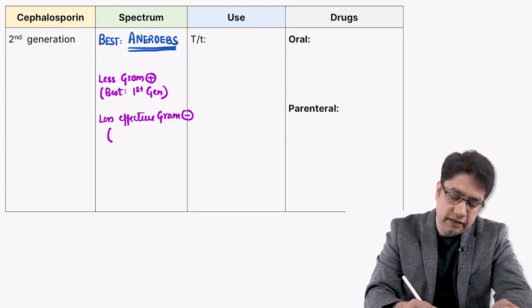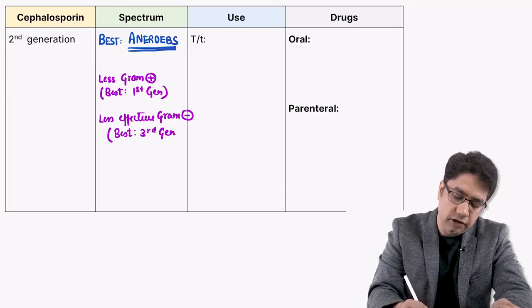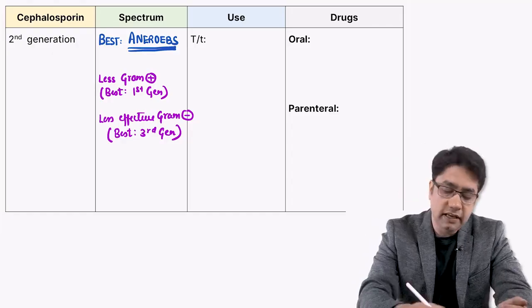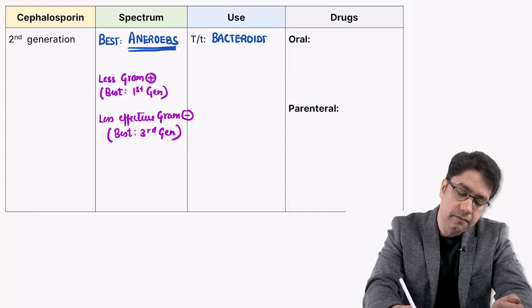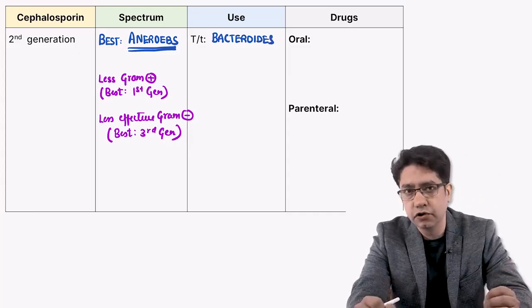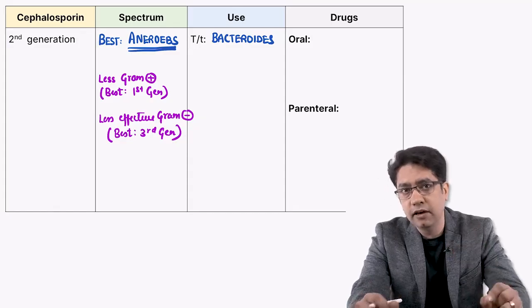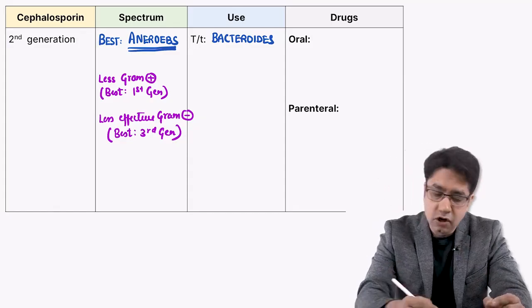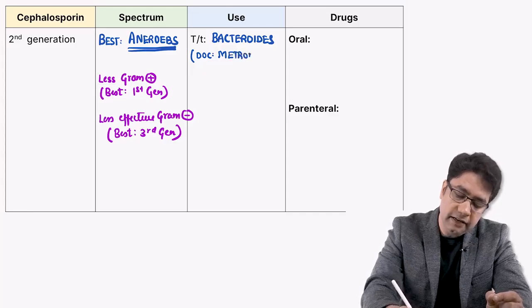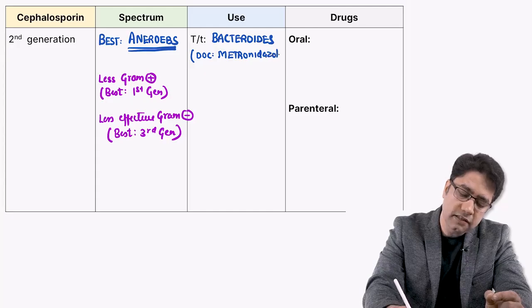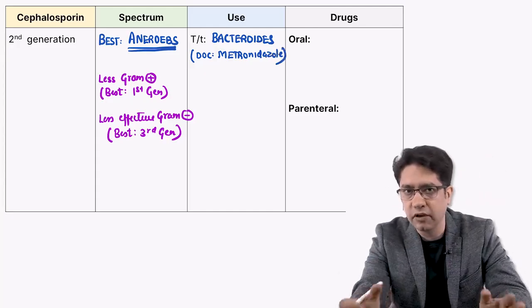Remember, the best drug against gram-negative bacteria is third generation cephalosporin. They are mainly given for the treatment of one anaerobic bacteria, Bacteroides, but it is not the drug of choice. Remember, wherever the word anaerobic bacteria comes, the drug of choice is always metronidazole. So for any anaerobic bacteria give metronidazole, but yes, second generation cephalosporins are also effective.